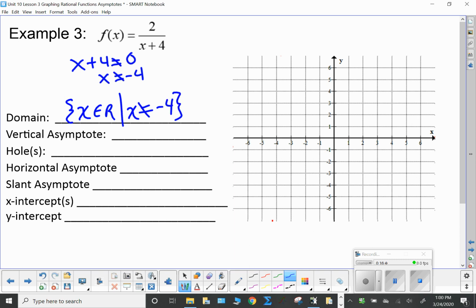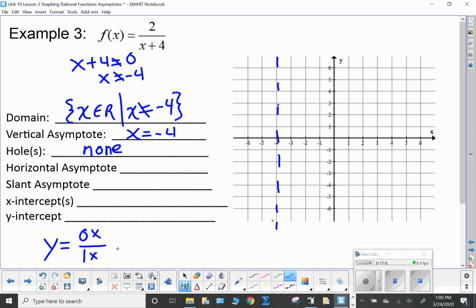Nothing cancels, so x equals -4 is my vertical asymptote. Holes, nothing canceled, so there are none. Horizontal asymptote. Y is equal to 0x, I don't have any x's, over 1x. That means y equals 0 is my horizontal asymptote.